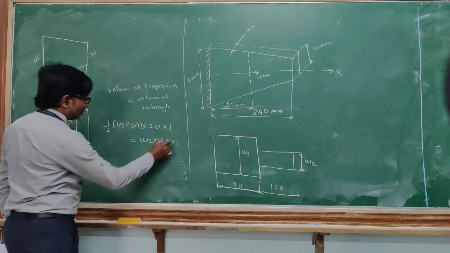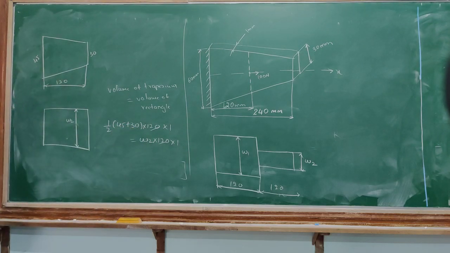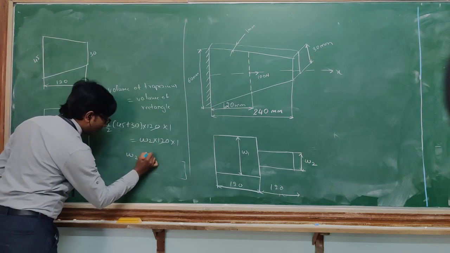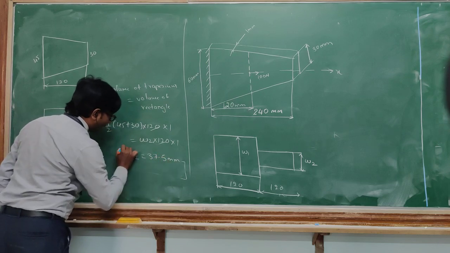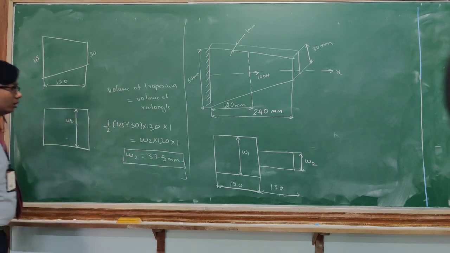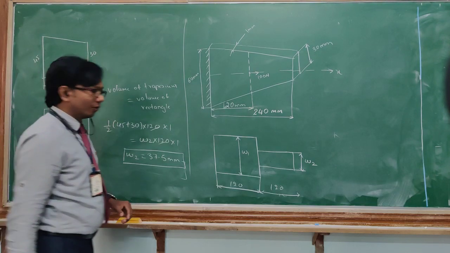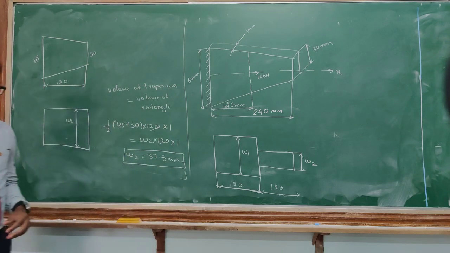Then the 120 gets cancelled. 45 plus 30 is 75, and 75 divided by 2 is 37.5 mm. So now you have these two values: W1 is 52.5 mm and W2 is 37.5 mm.